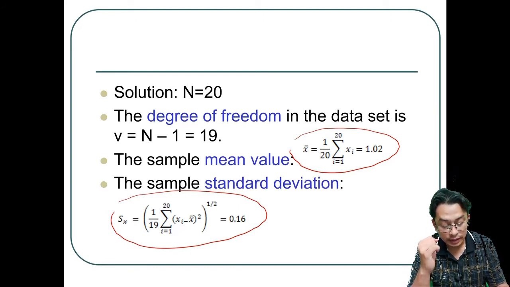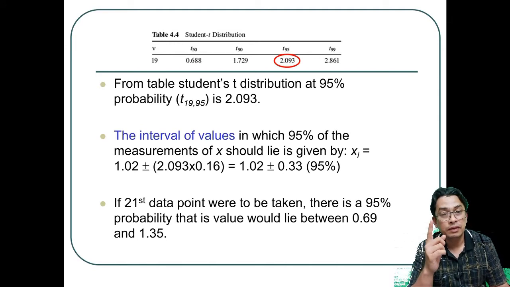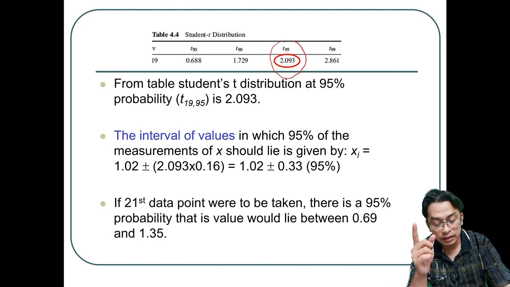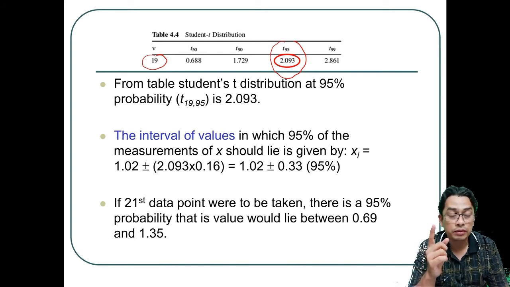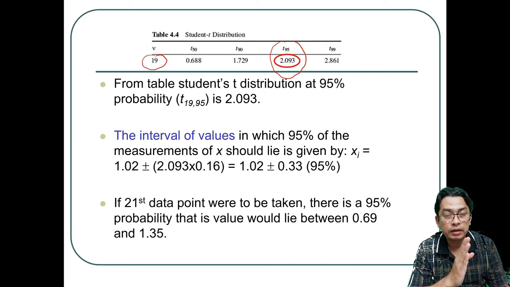Then with that, we go to the table. Remember, it is about 95%, so T for 95 and degree of freedom of 19, we found that it appears to be about 2.093 away, plus or minus, from the center value of the bell curve.